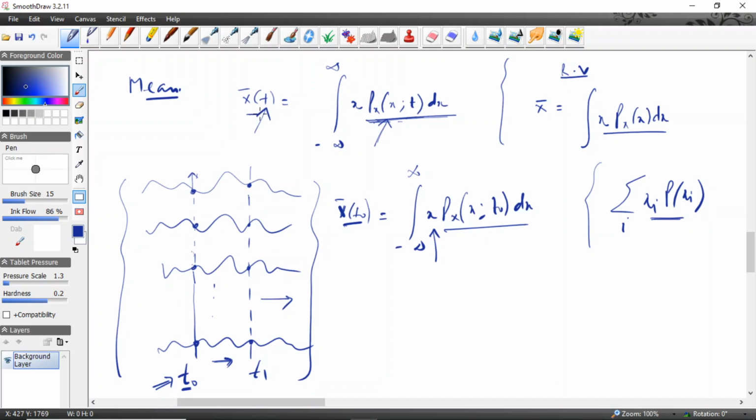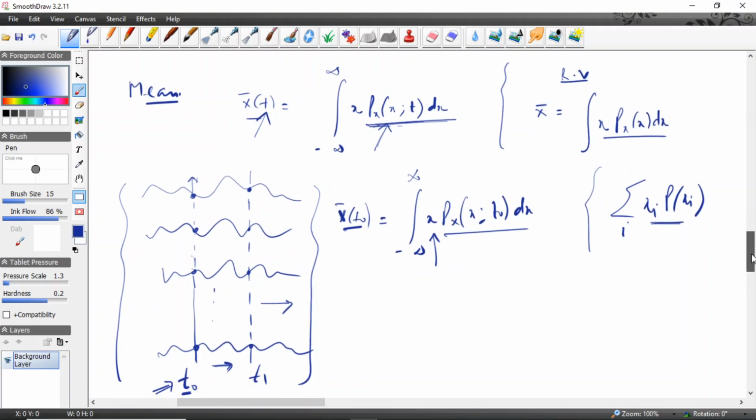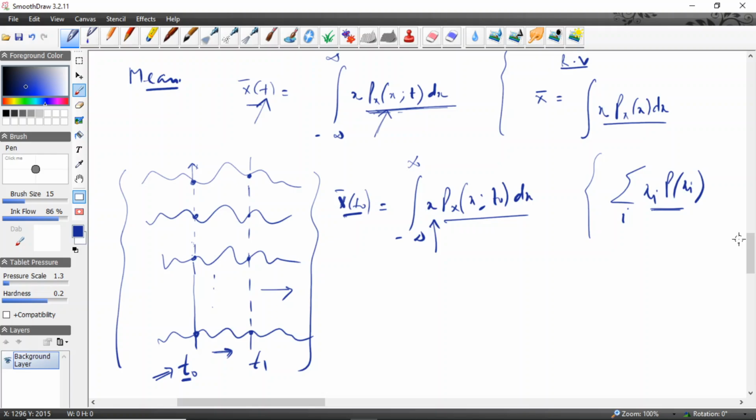Then only you can find the time varying mean along the process. If the PDF of the random process is not estimated or if it is unknown, then instead of using the statistical averages, you can use ensemble averages.